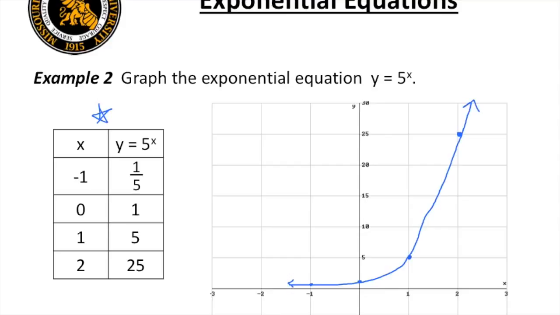Notice also that the graph on the left approaches the x-axis and doesn't actually touch it. We call the x-axis in this case an asymptote.